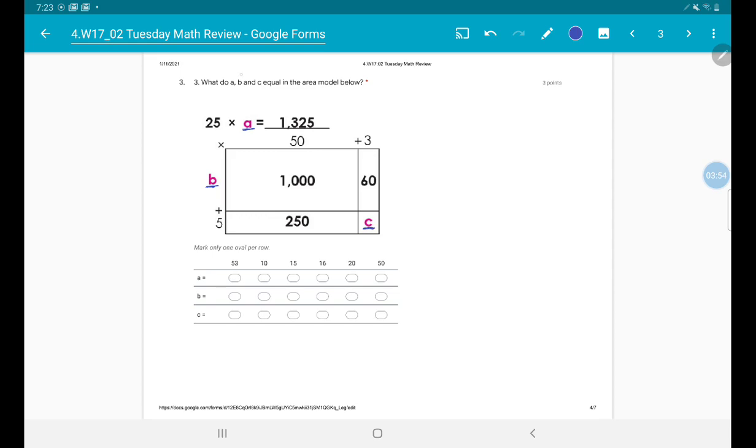All right, so in the problem it tells us 25 times A. Well, to get 25, I know that the 20 would have to be equal to B, so that I have 25 on my short side. So I'm going to go ahead and mark that B is equal to 20.